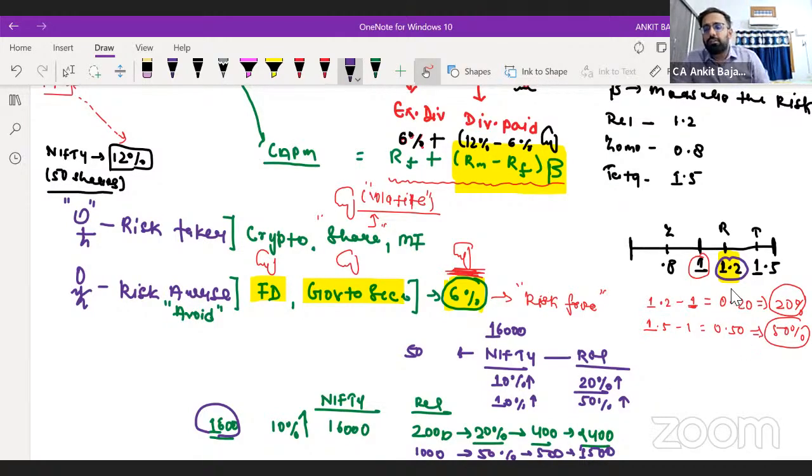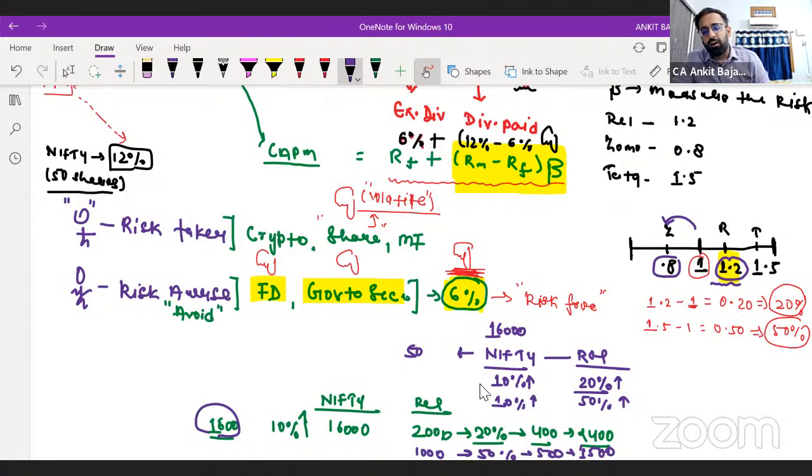Now, if you see here, this Zomato beta is 0.8. Now, what is 0.8 here, right? Generally, 0.8 means there will be a difference in movement. We have seen if beta is more than 1, there will be parallel movement, right?